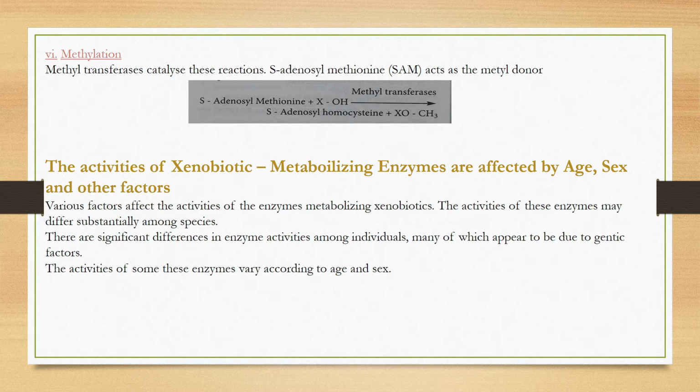Now, the activities of the xenobiotic metabolizing enzymes are affected by age, sex, and other factors.